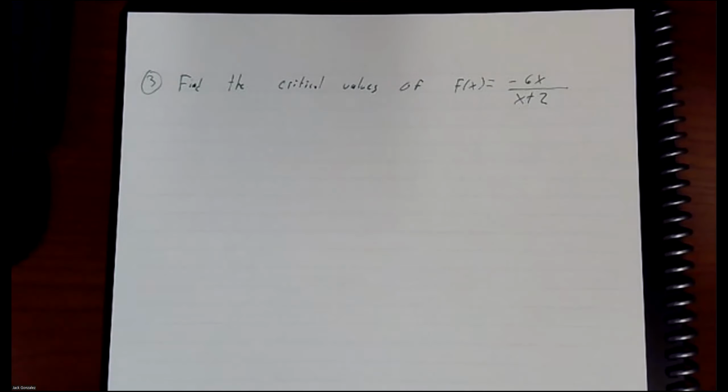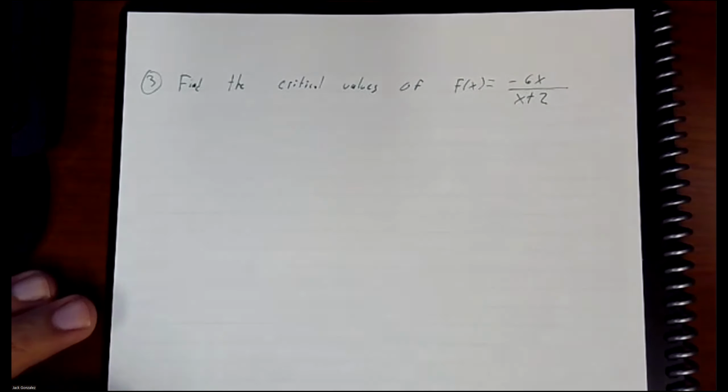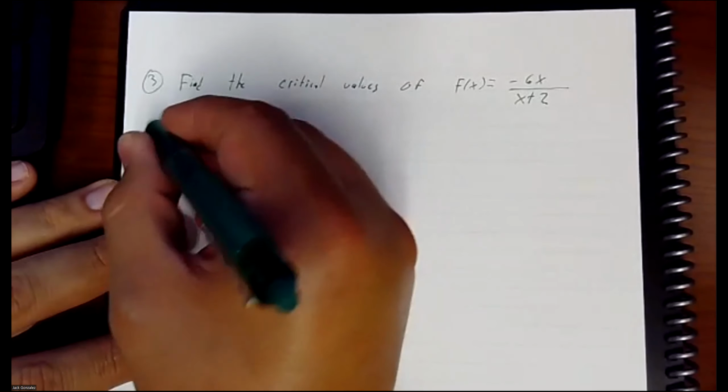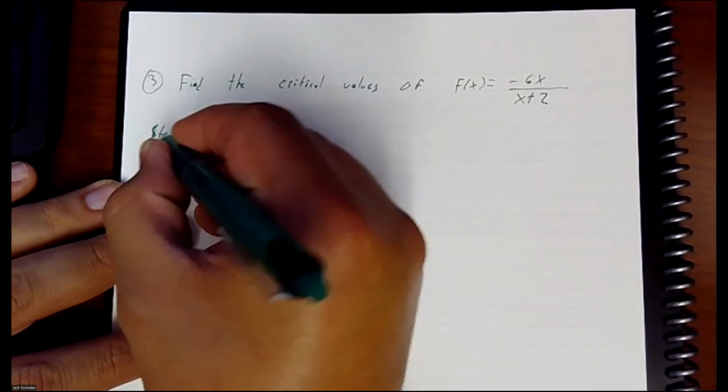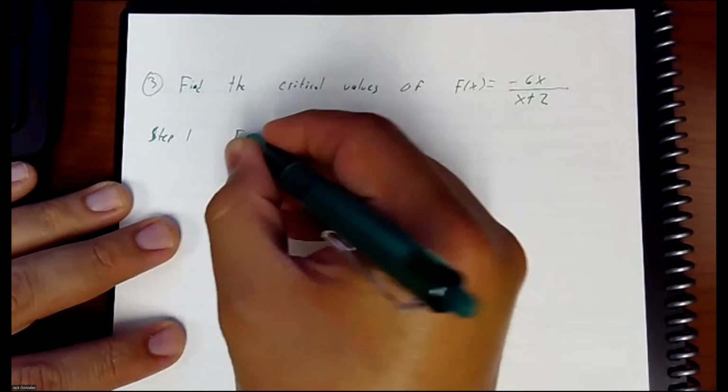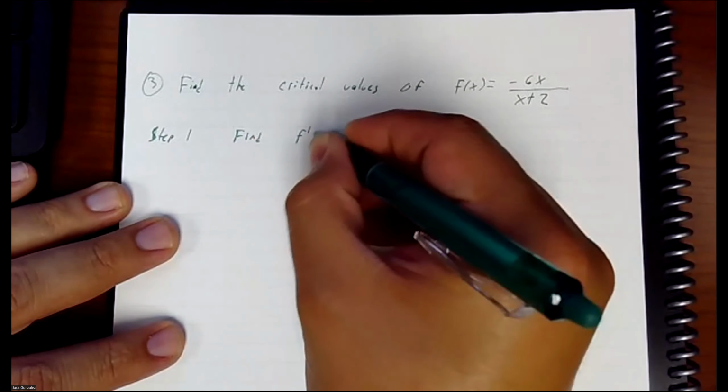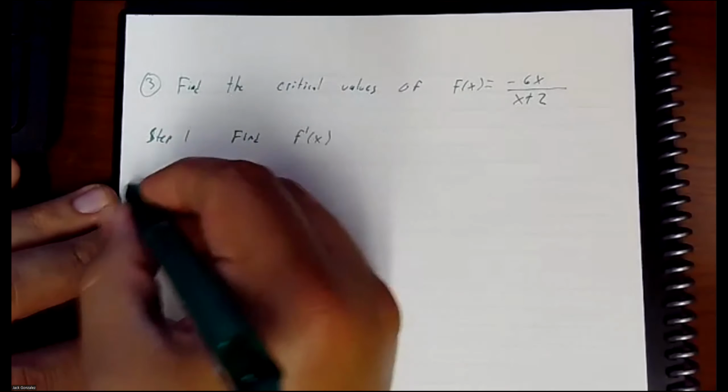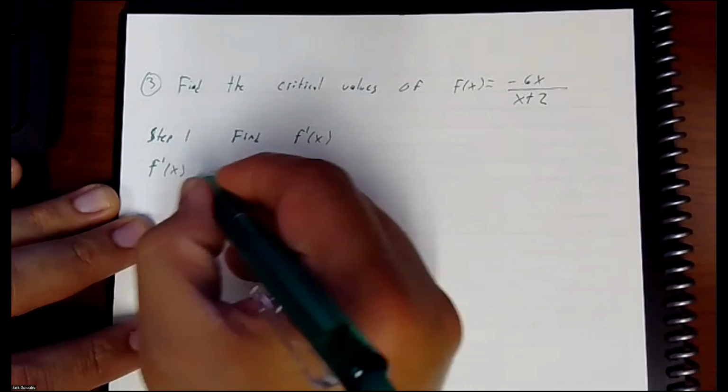So this is question 3 on your review. Determine all critical points. Okay. So we're going to have to do a derivative, right? So step 1, find f prime. That will require a quotient rule.